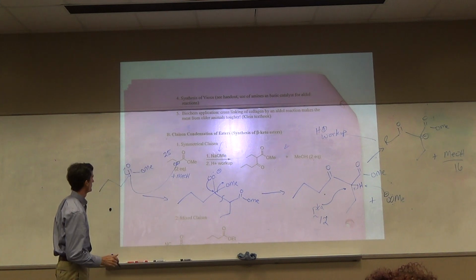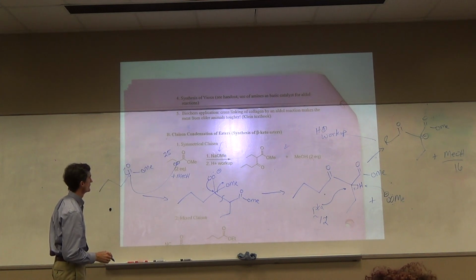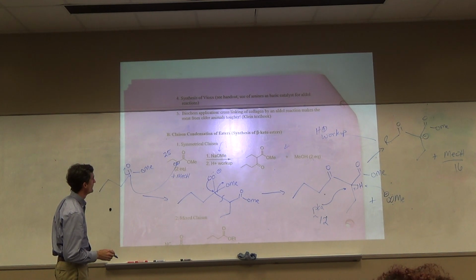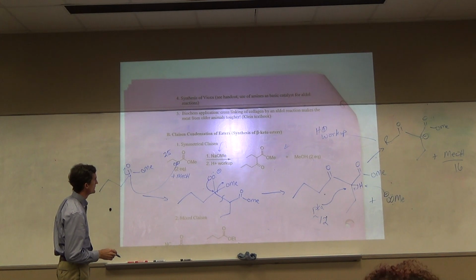You start with the methoxide and you make the methanol from there. One starts as the base and the other is the leaving group.